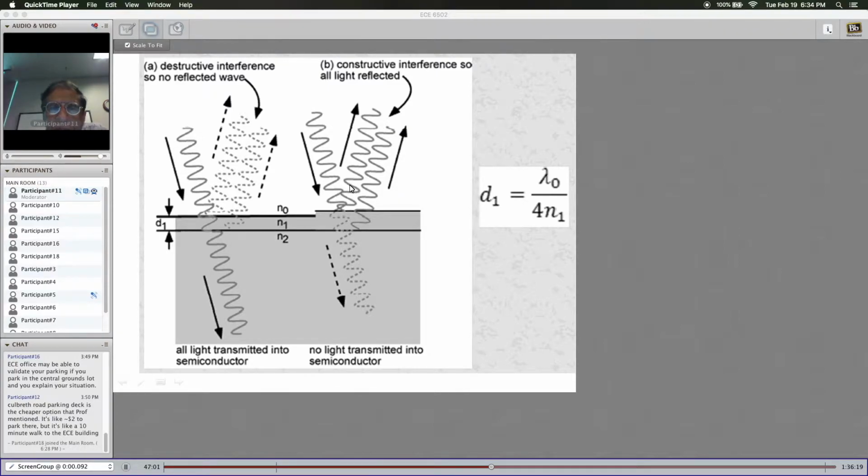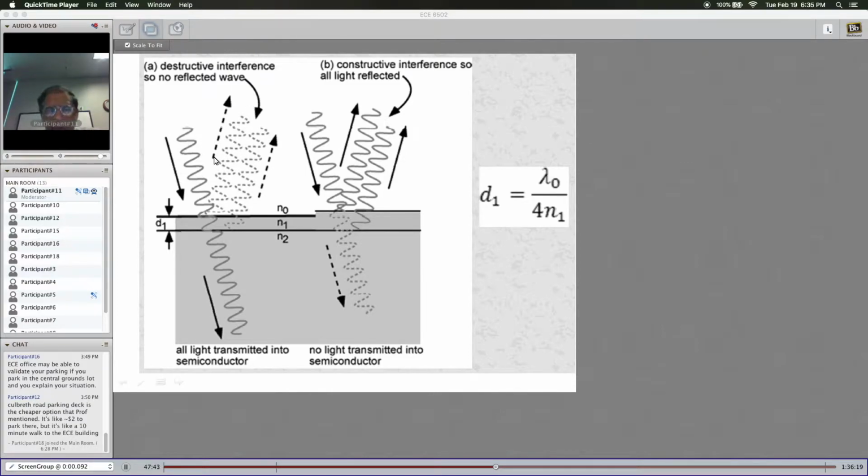On the right-hand side, they are in phase: the maximum of one wave lies on top of the maximum of the other. That gives constructive interference, leading to high reflection. But on the left-hand side, the maximum of one wave matches the minimum of the other. That's a phase difference of pi, or 180 degrees, and if they interfere, no light will be reflected. So that's what we use here.